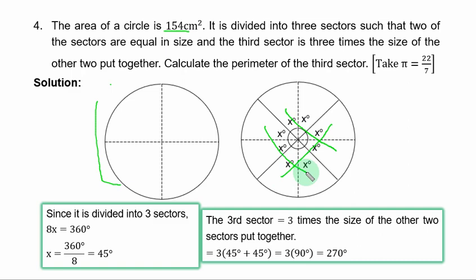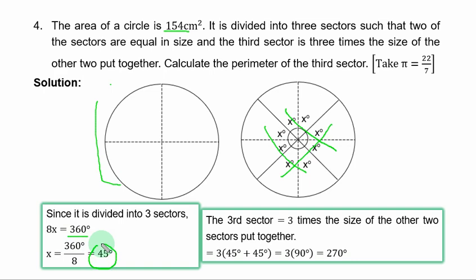You have the 3 sectors. So let each angle be S. Now, if you add all the angles, you have 8S equal to 360 degrees. You have 8 in total. So S is equal to 45 degrees.